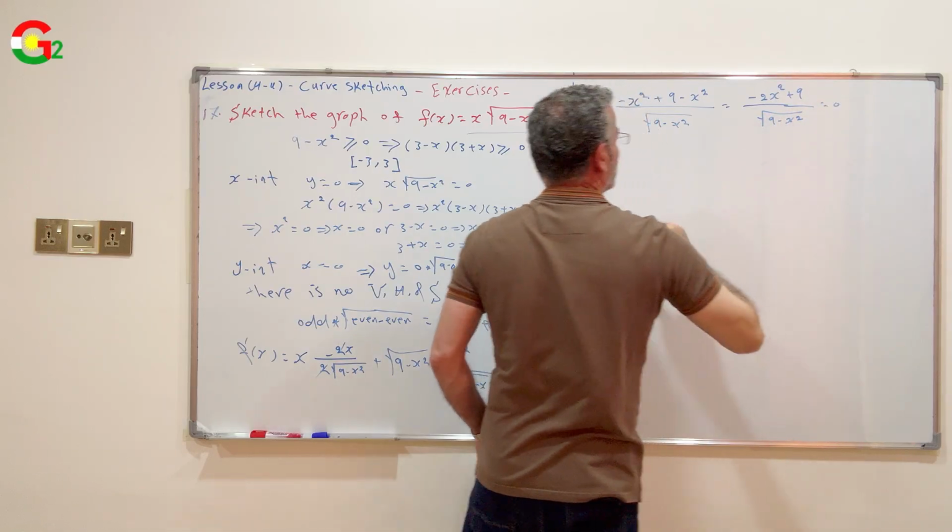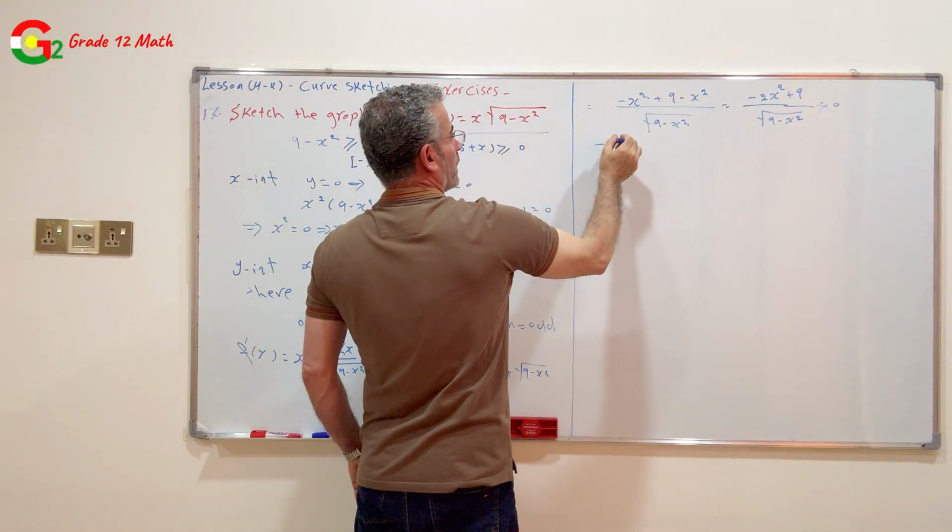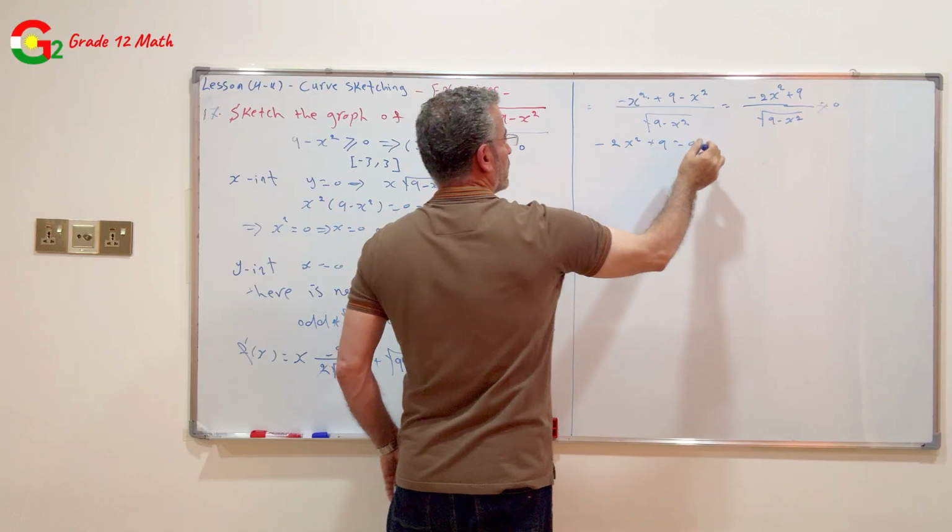Set it equal to 0. Cross multiplication. Then negative 2x squared plus 9 equals 0.